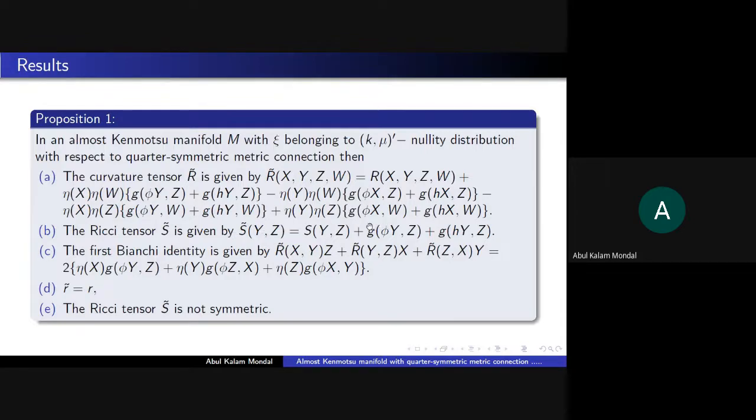From this relation it is clear that the Ricci tensor is not symmetric, but the Ricci curvature is given by S̃(Y, Z) equal to S(Y, Z), and the scalar curvature is given by r̃ equal to r, which is equal. And next is the first Bianchi identity with respect to the quarter-symmetric connection and the Riemannian connection.